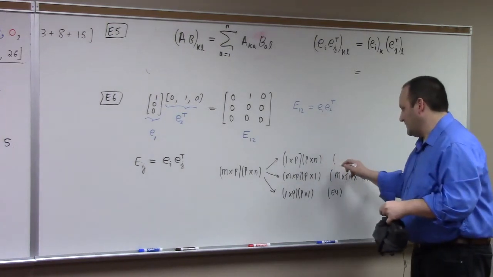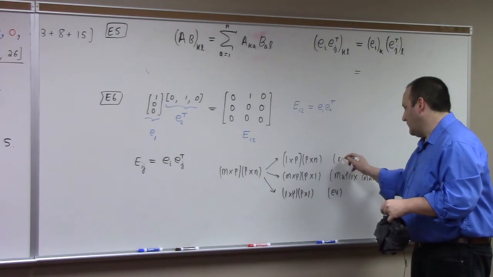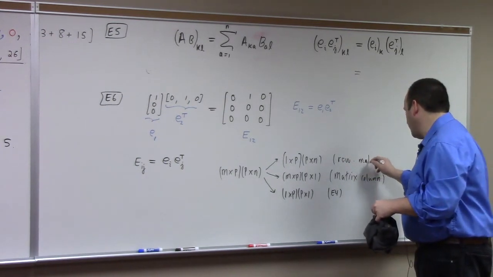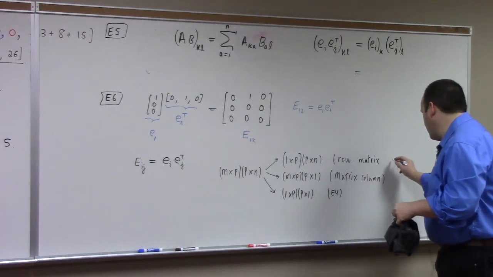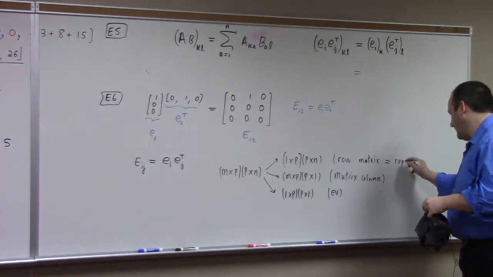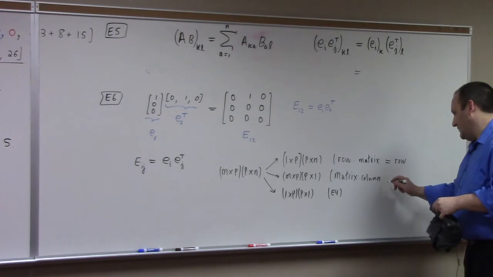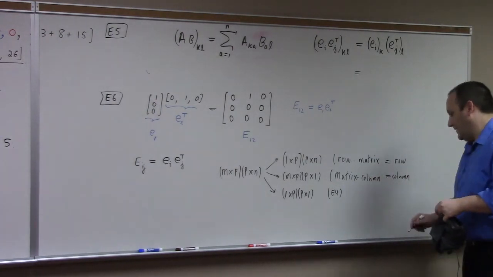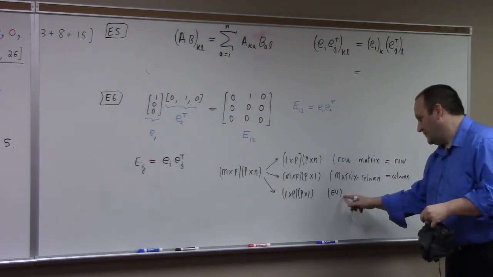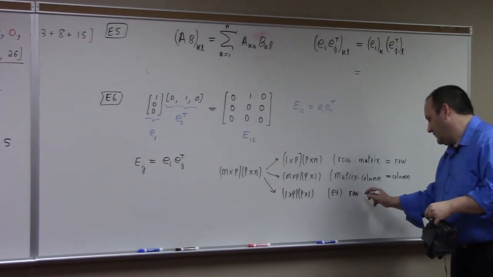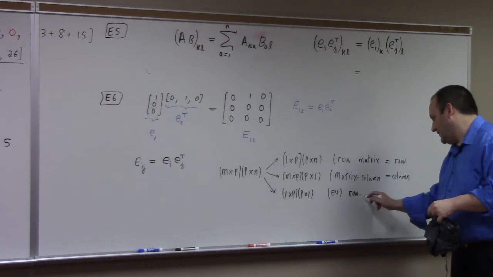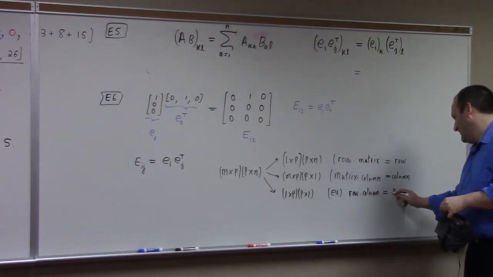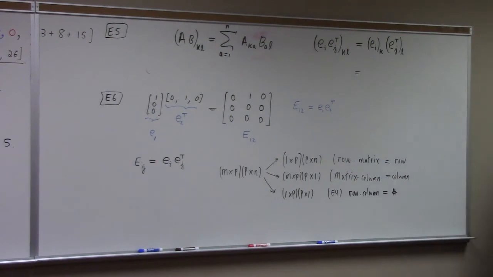And this is row times matrix. So row times matrix gives row, right? Matrix times column gives column, right? And row times column equals number. That's the pattern, right?